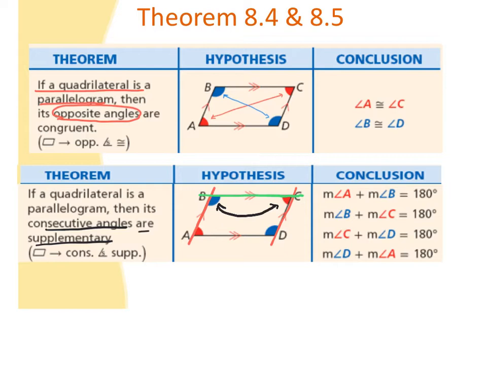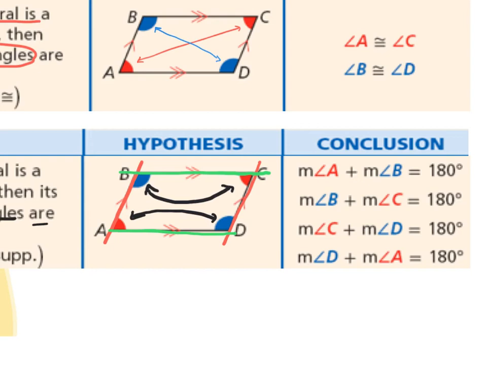Here, we've got the left and right that are parallel. Here's another transversal down here. It must mean that these are supplementary as well. They add up to 180 degrees. But not just those. If you look at the green lines that are parallel, that would make this additionally a transversal.